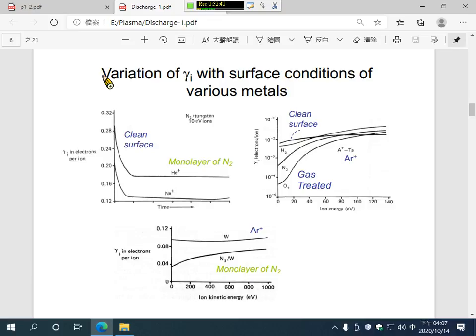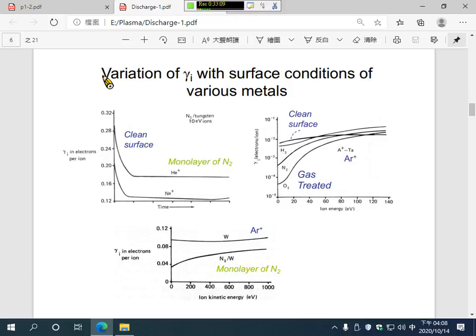So at the beginning, you might have a piece of tungsten with a clean surface. But later on, after a few minutes, the surface of the tungsten might adsorb a thin layer of nitrogen.